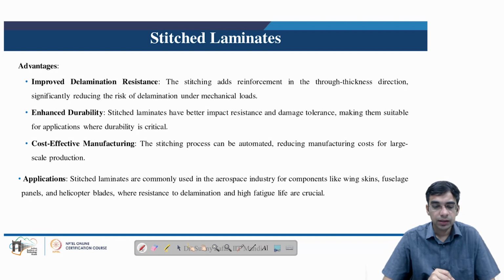Advantages that stitched laminates offer include improved delamination resistance. Delamination is a very well-known mode of failure in composite material, where various layers of reinforcement come apart under various loading conditions. But by utilizing stitched laminates, the various fibers are held together using a thread, so the tendency of delamination reduces considerably.